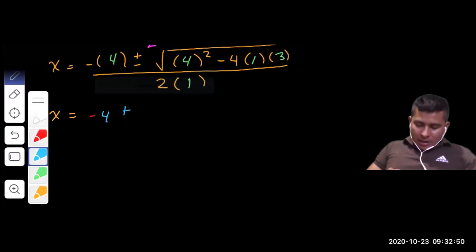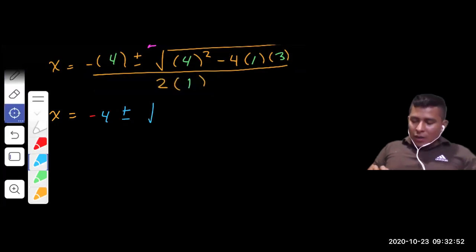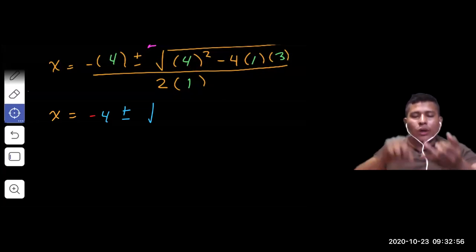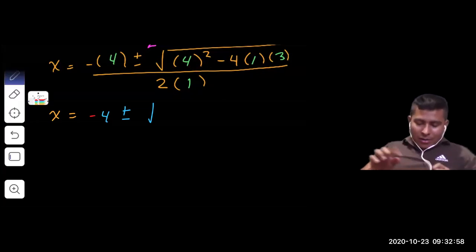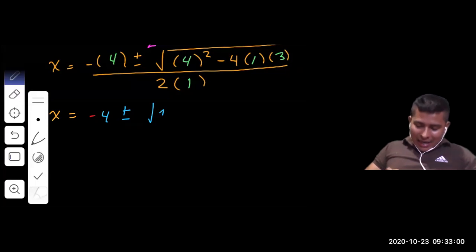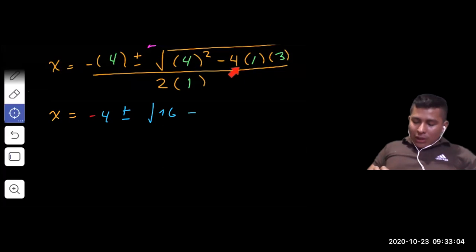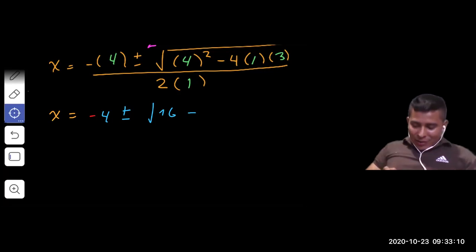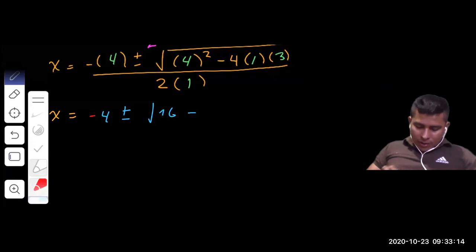Let's solve this one at a time. 4 squared, 4 times 4, 16. Minus this, 4 times 1 times 3. 4 times 1, 4. 4 times 3, 12.